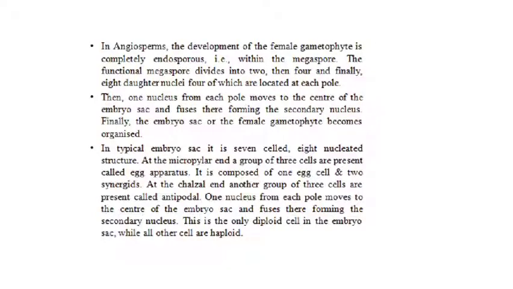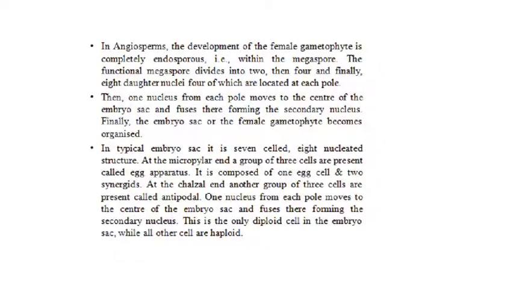Then one nucleus from each pole moves to the center of the embryo sac and they fuse, forming the secondary nucleus. Finally, the embryo sac or the female gametophyte becomes organized. In a typical embryo sac, it is a 7-celled and 8-nucleate structure.